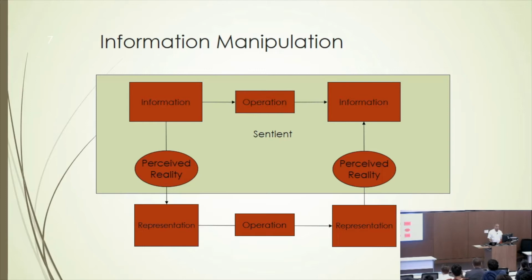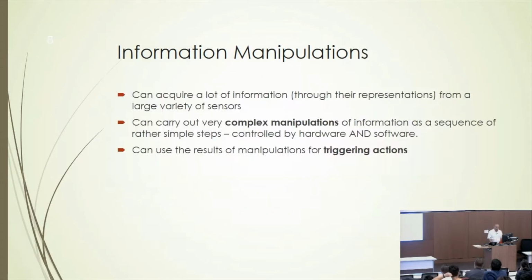I've added because at this sentient level, it makes sense. That's how I have added. There are lots of implications of this in terms of these information manipulations, but I would submit to you that only those manipulations that make sense at the information level are meaningful. And I can use them for triggering actions and other kinds of things.